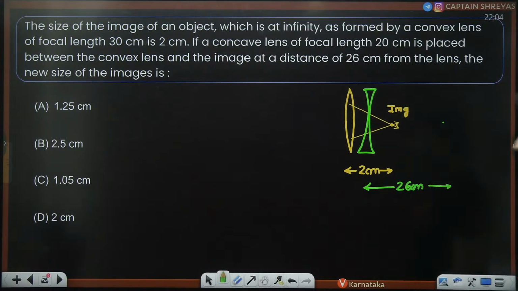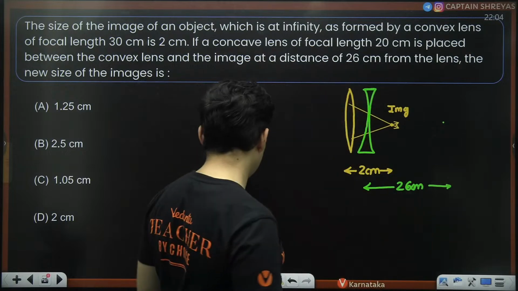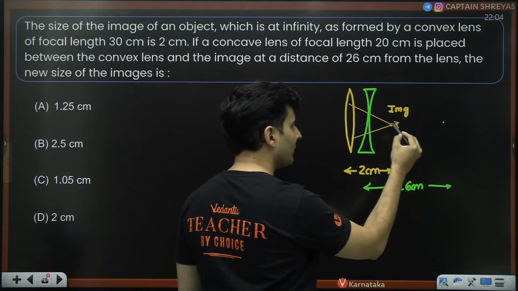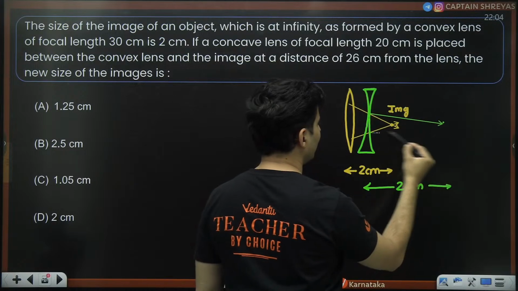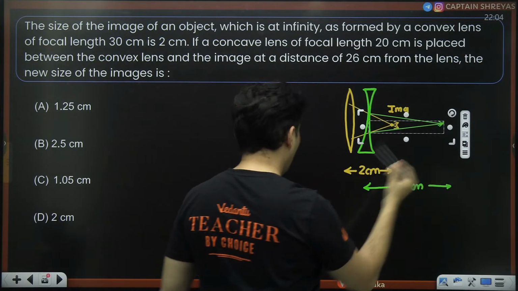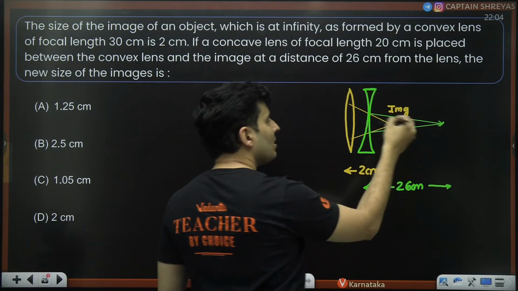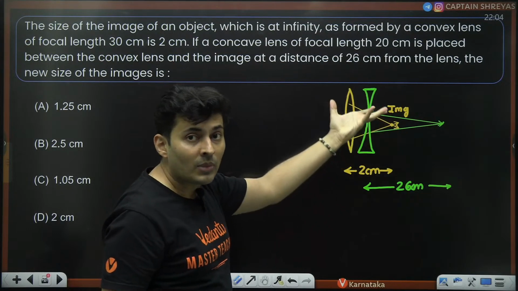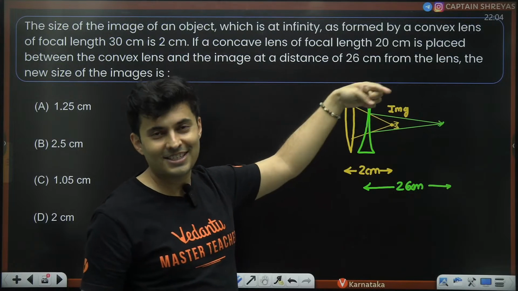Now, why would this be happening? Because the moment you place a concave lens, it is diverging in nature. So the rays, instead of meeting over here, will now diverge and meet over here. The image for the convex lens will become an object for the concave lens.